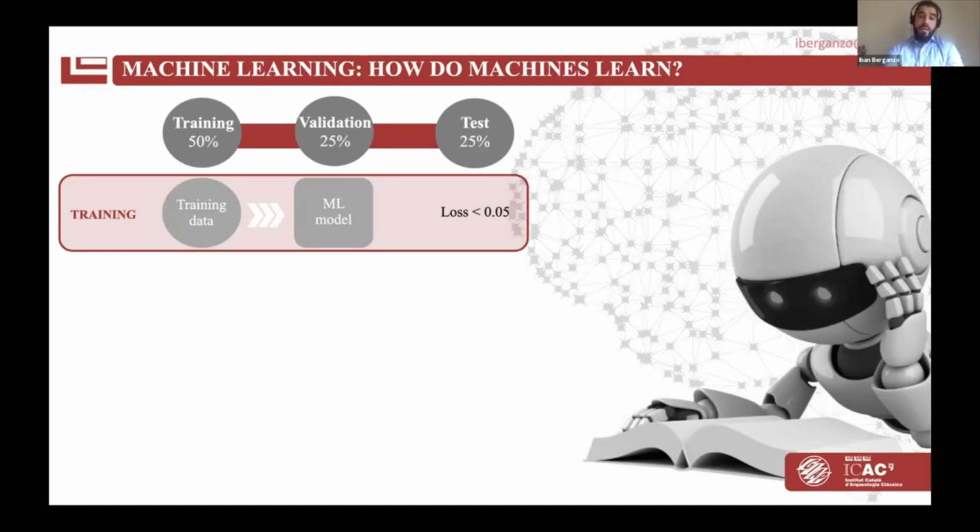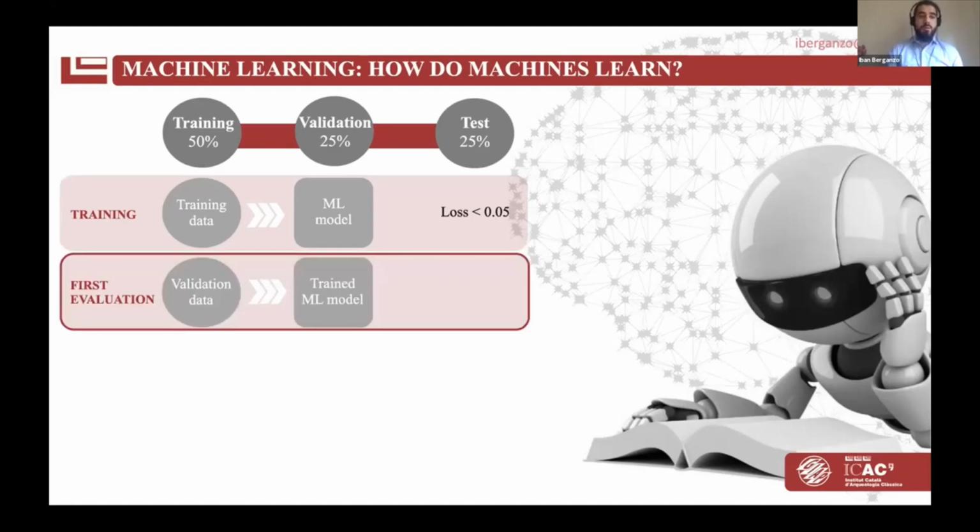If we have an error less than this, it's a good error, so we can continue with our algorithm and evaluate it. How do we evaluate? With the validation data. We pass the validation data to the trained algorithm, and we will have some false positives and some false negatives. So if we score it and the score is low, we have to retrain our algorithm again.